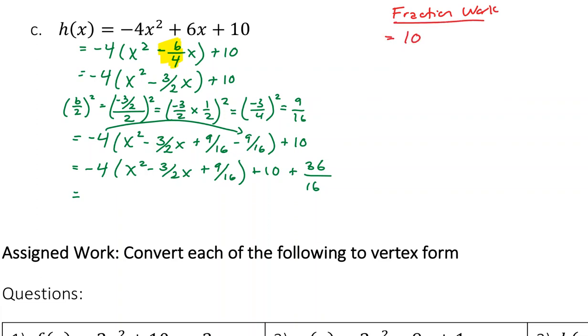Well, 10 plus 36/16. First things first, I'm going to reduce that fraction, and I'm going to make that 9/4, if you just divide both things by 4, and then we find a common denominator, which is 4, and that equals 49/4. Okay.